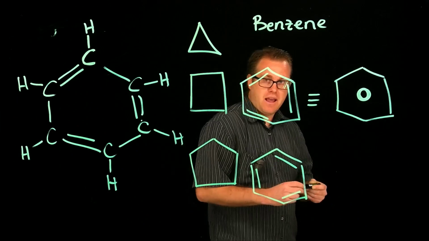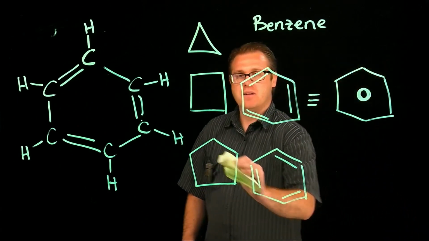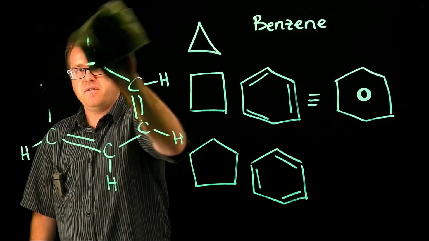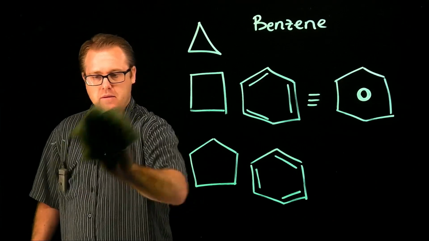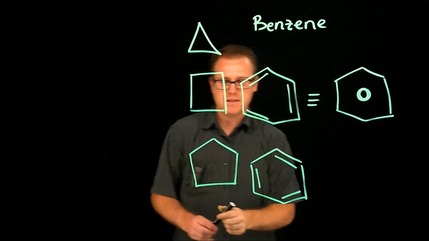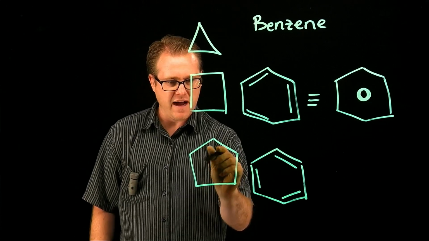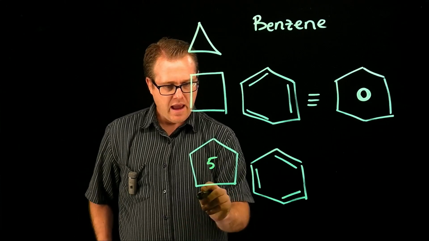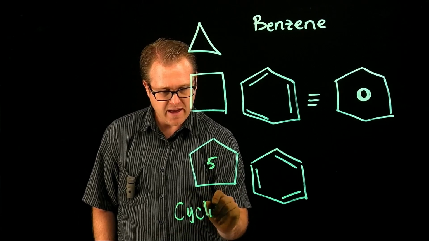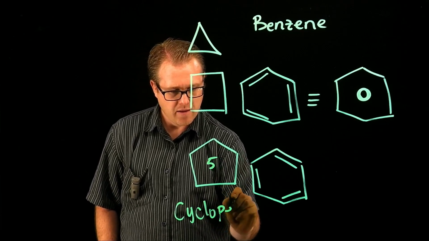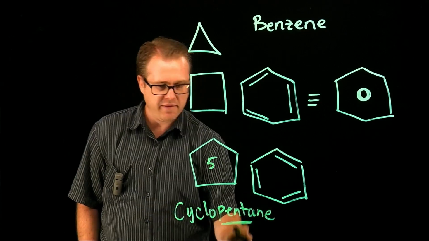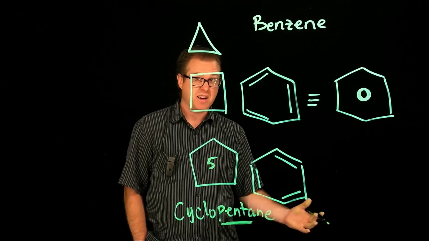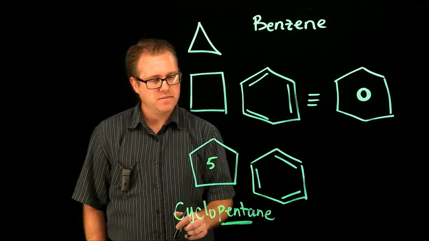So if we take one of these, let's just do this for fun. Let's take a look at this molecule right here, the 5-membered ring one. And that is called a cyclopentane. Pent meaning 5, like the pentagon, 5 sides.